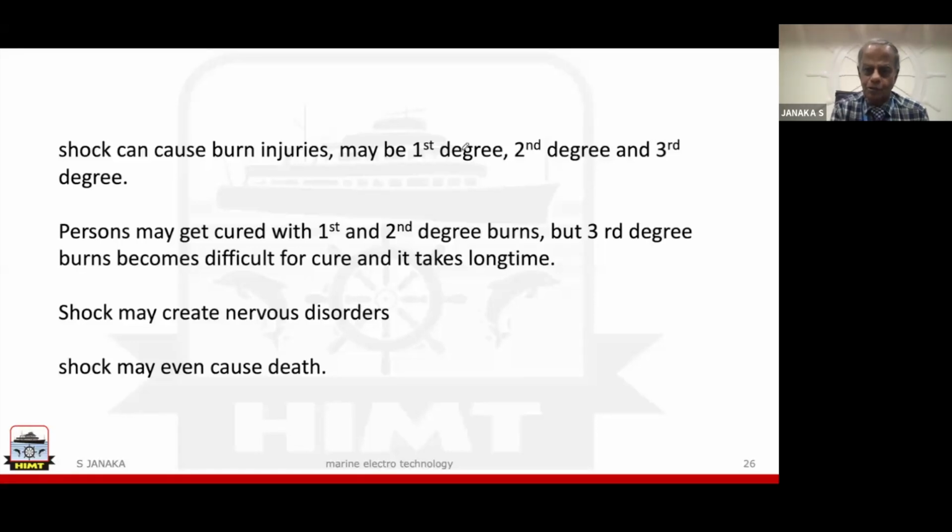A third degree burn also sometimes may be cured if it is favoring the body, but the majority of the time it takes a very long time and there is no guarantee of a complete cure. The shock may create nervous disorders. Sometimes it may even cause death, what we call the possibility of electrocution.